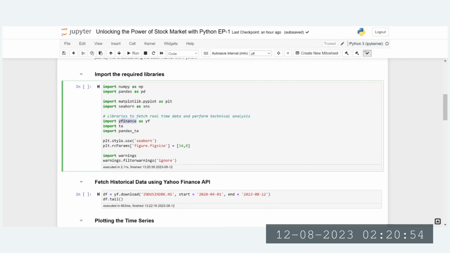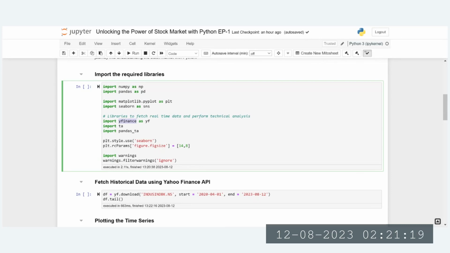Now, one specific library, which is called Yahoo Finance, is what we are going to use in order to fetch the data in real time. In order to work with this library, you have to first install it. The installation process is pretty simple. You just say pip install yfinance and it will be installed, right?